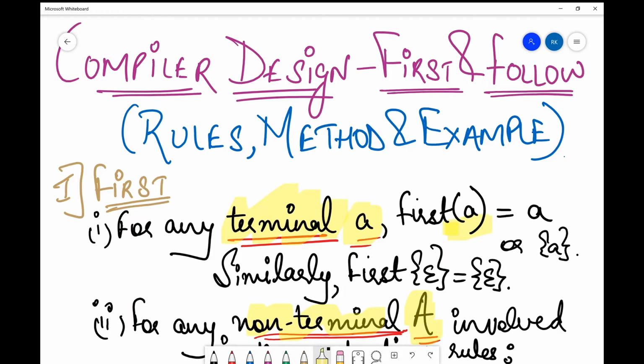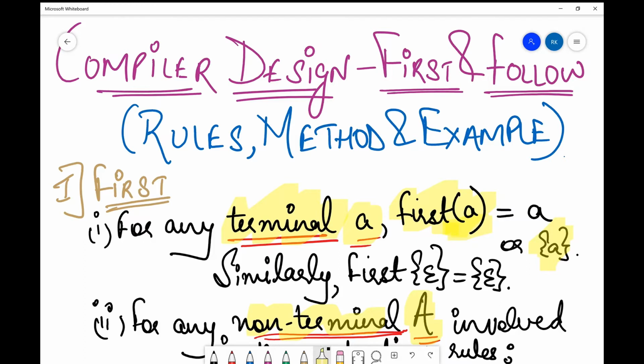So when we have a terminal, and let's say the question requires us to find First of a, which is a terminal, then First of a is only a. Basically, First and Follow are both represented as sets. So First of a will be a, but in set notation we'll represent it like this.